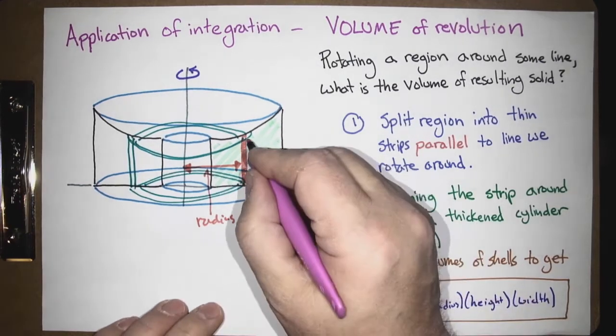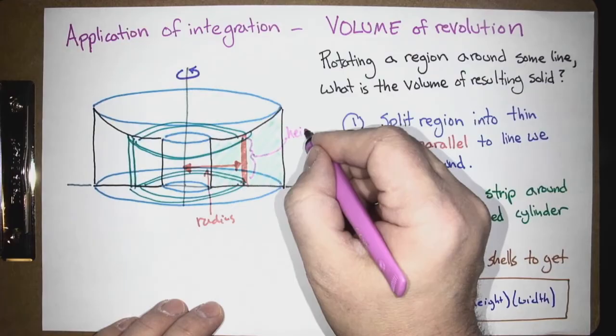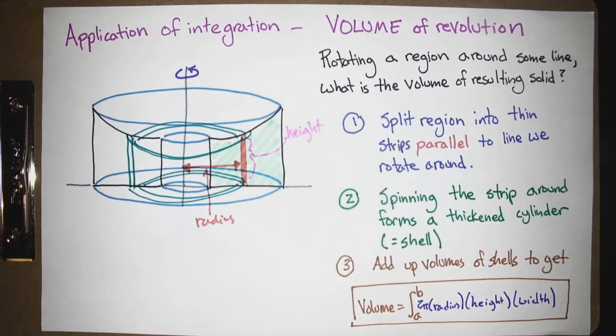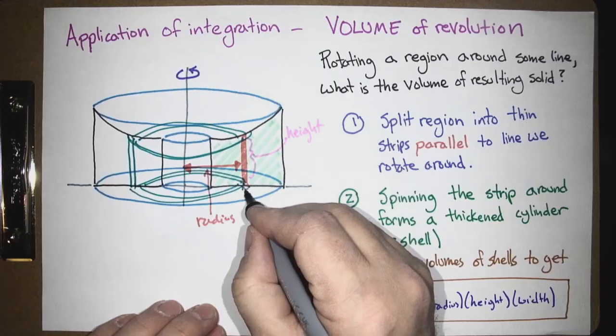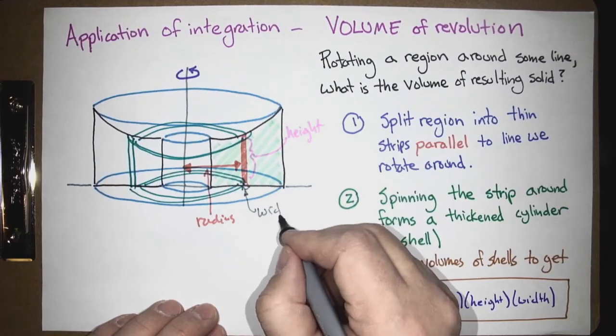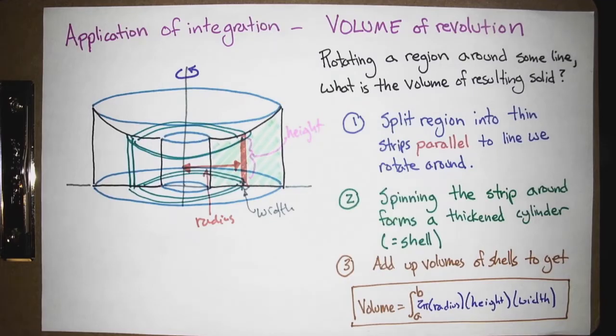Well, the height is this measurement. The length from top to bottom. Is that showing up? It's kind of showing up. Okay. And finally, what's the width? So this little piece right here, that's your width. So this is usually your dx, your dy, depending upon what you're integrating with respect to.